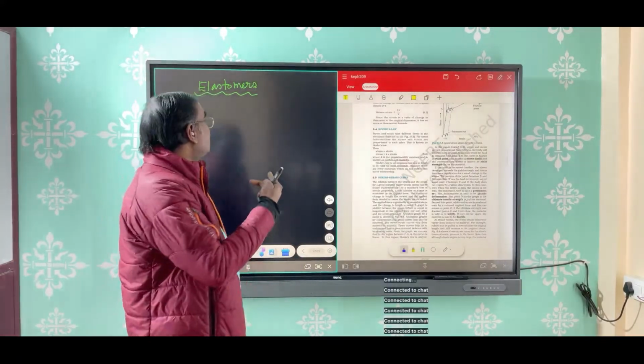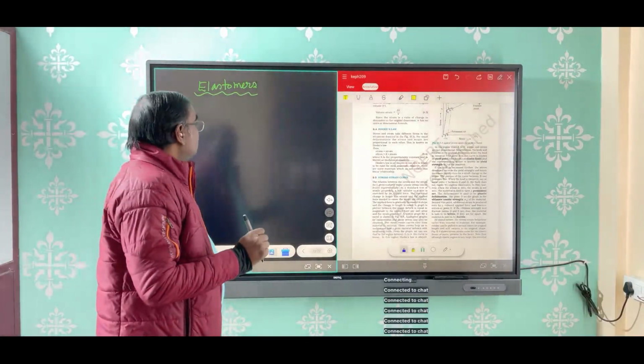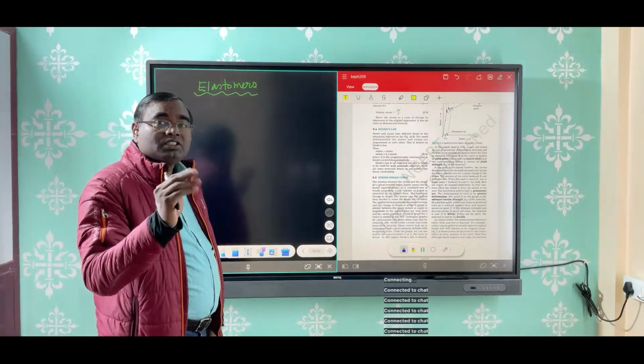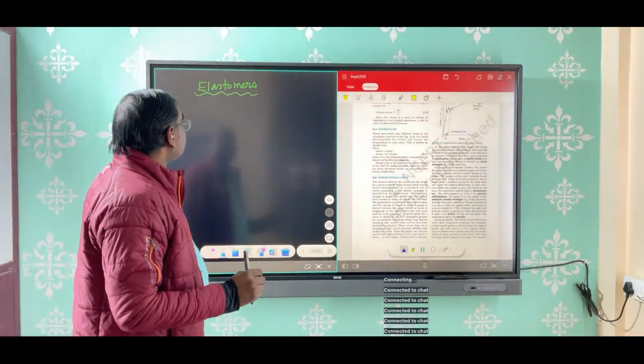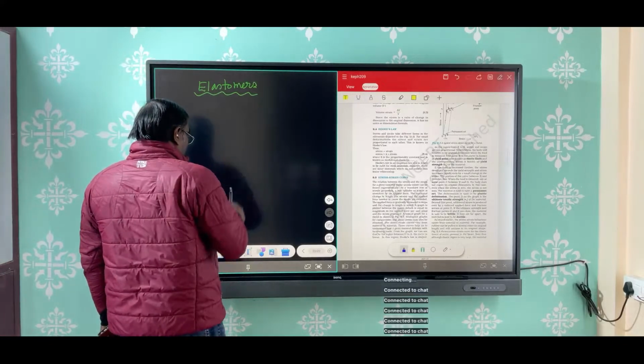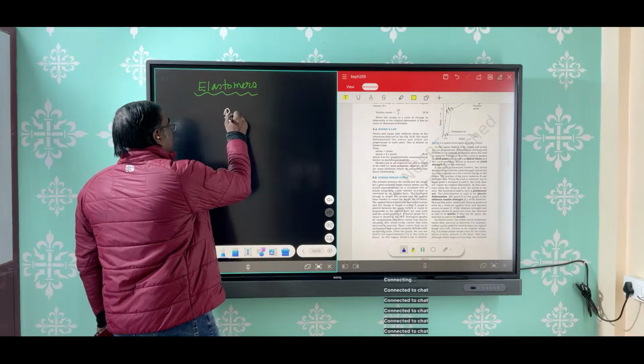So they are called the elastomers. They may be polymers. They may be viscoelastic material. So elastomers means rubber. Elastomers means material that is rubber.